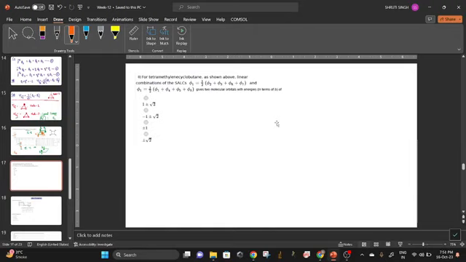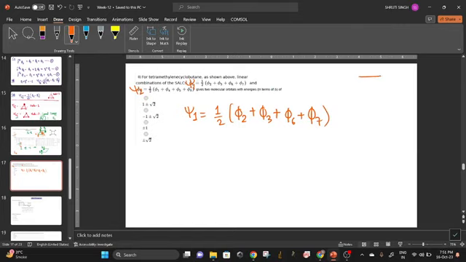Okay. Now this question is again related to the same molecule, tetramethylene cyclobutane as shown above, the linear combination of SALCs psi 1, it should be psi 1 actually, this is psi 1 and this is psi 2. So psi 1 is equal to 1 over 2 of 2, 3, 6, 7.